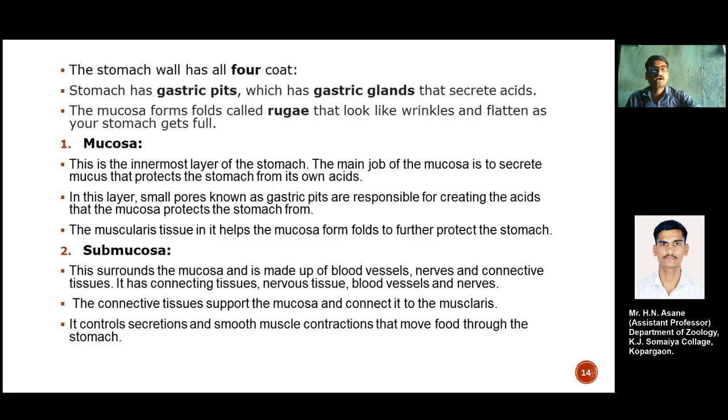Some acid, like HCl, is secreted by one particular type of cell, which we will see.